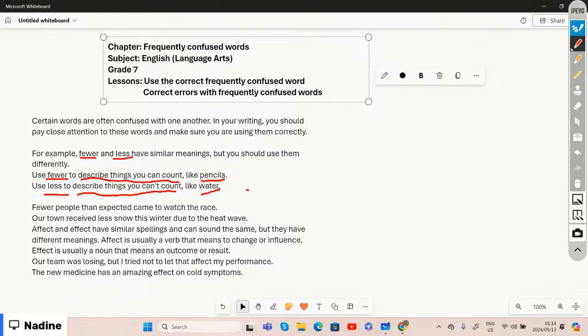So, once again, if you look at the word fewer and the word less, even though they have similar meanings, we need to use them within the right context.